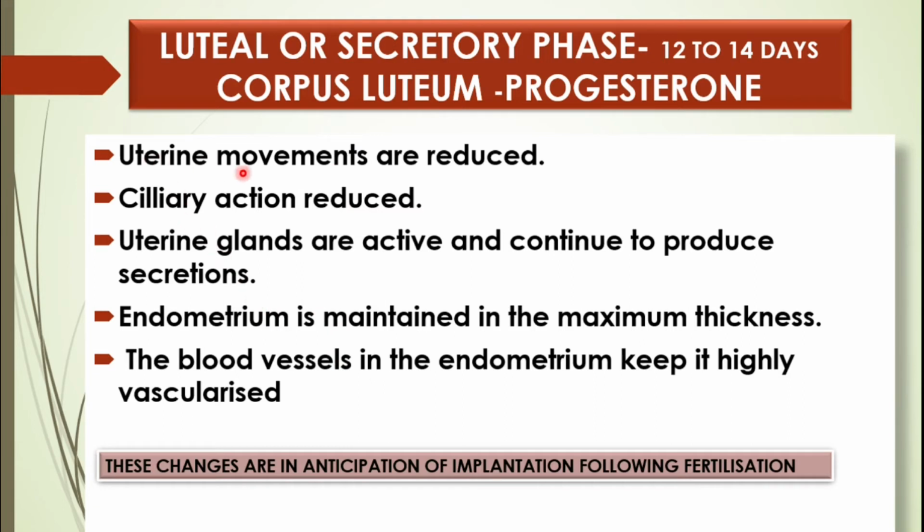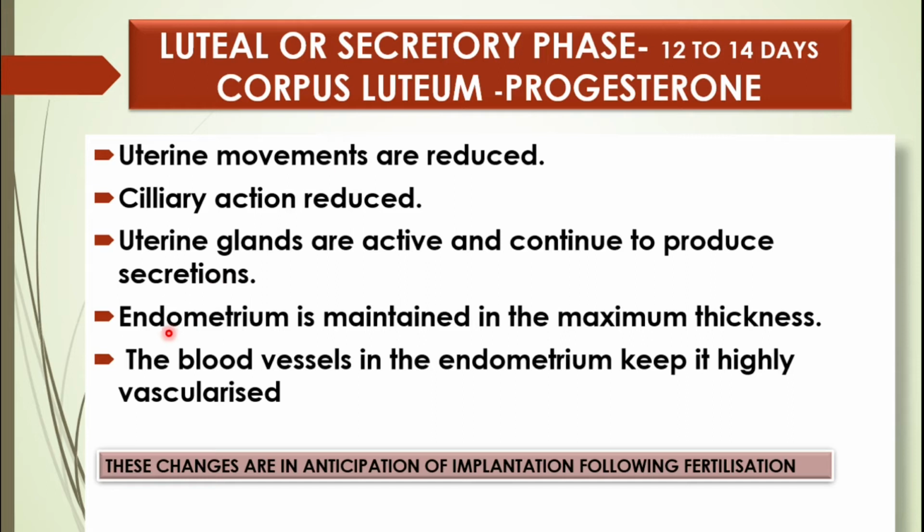Uterine movements are getting reduced. We saw that in the previous two phases, uterine movements were maximized. But during this phase, the uterine movements are quietened. It is reduced. The ciliary action of the fallopian tube is also reduced. The uterine glands which have started becoming active continue to remain active and continue to produce their glandular secretions.